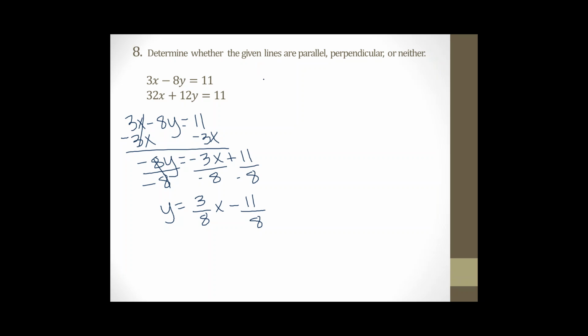Because remember, slope-intercept form, y equals mx plus b. We want to look at this coefficient of the x. So the slope for our first equation is 3/8. So let's just hold on to that information and look at the second equation.